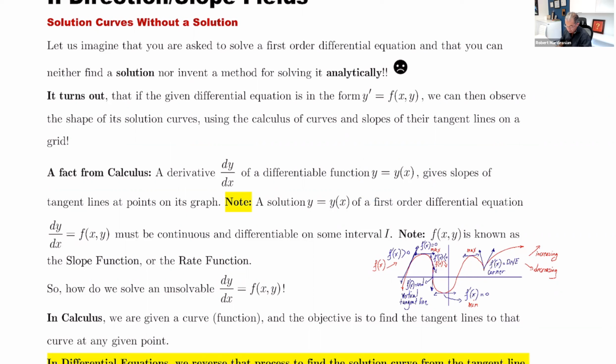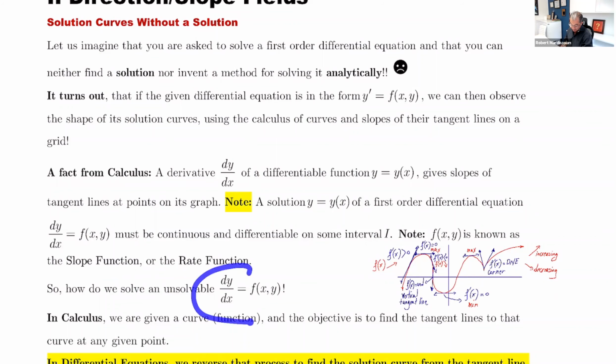A solution y equals y of x of a first order differential equation dy/dx equals f of x, y must be continuous and differentiable on some interval I. And note that f of x, y is known as the slope function or the rate function. So the derivative, we can also call it the slope function or the rate function.